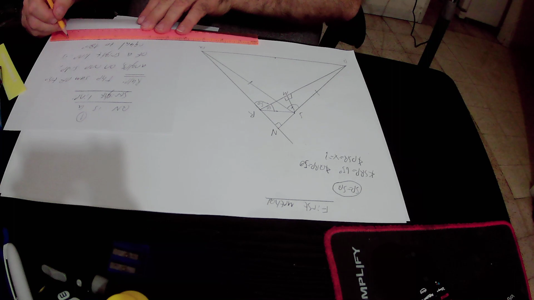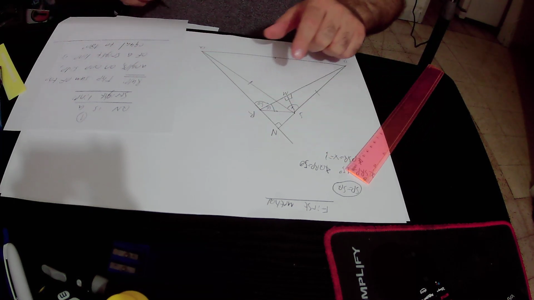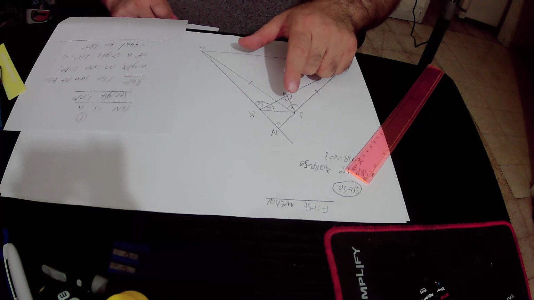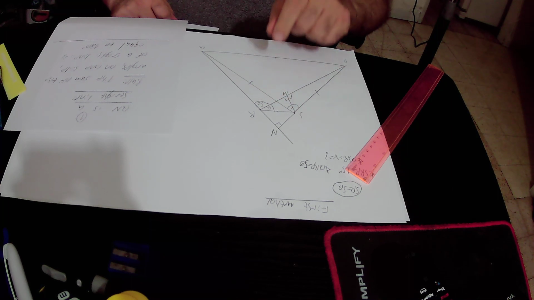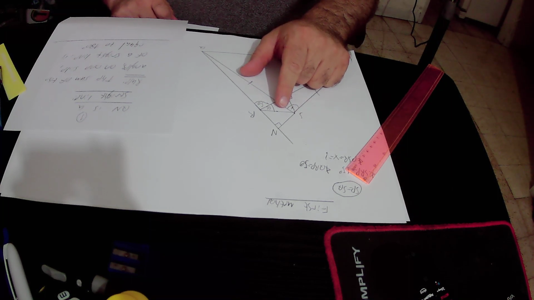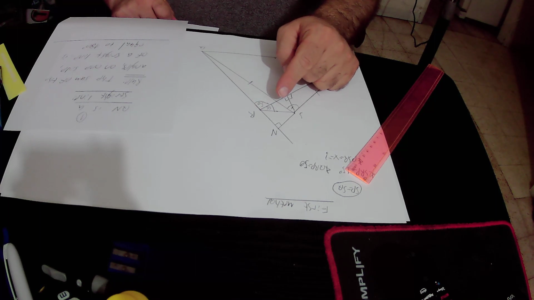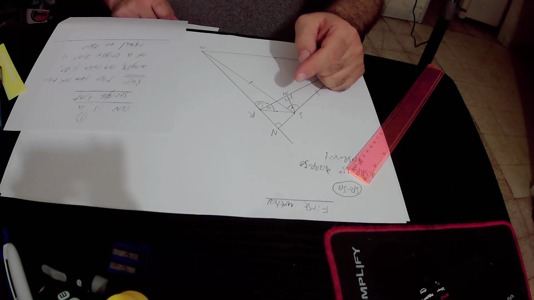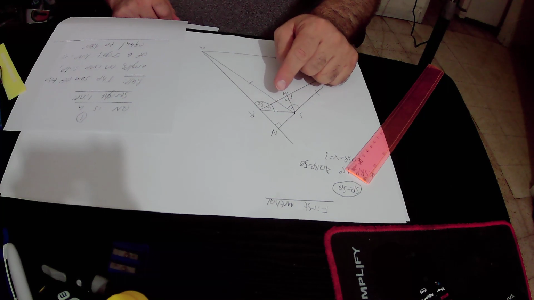So that is to say, if we look at the straight line QN or NQ from this side of the straight line, the sum of the angles at point R must be equal to 180 degrees. So if you focus on this side of the straight line NQ at point R, the sum of the angles must be equal to 180 degrees.